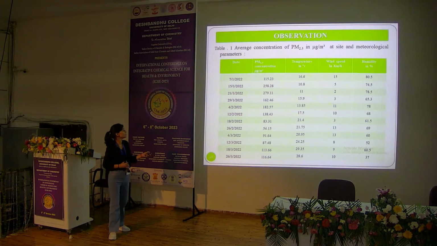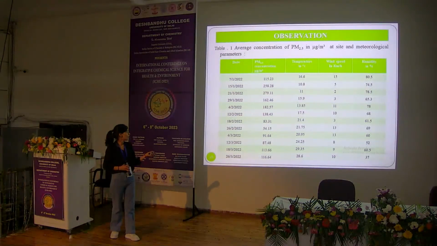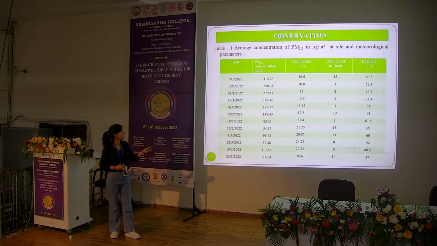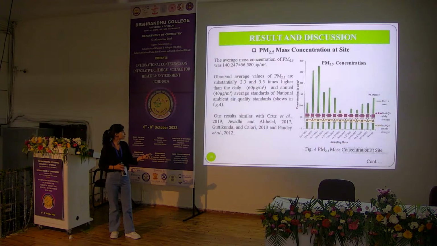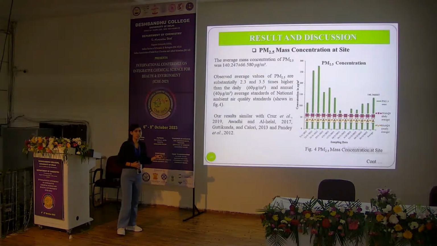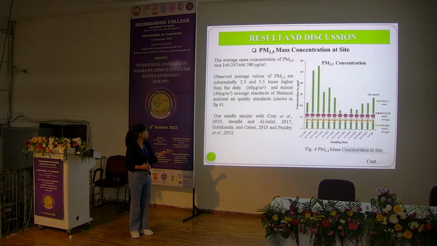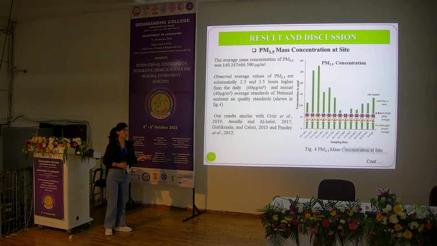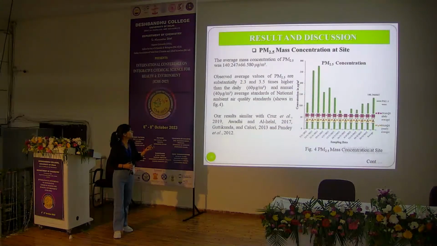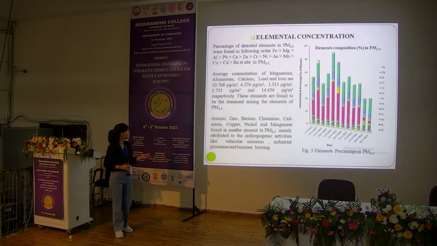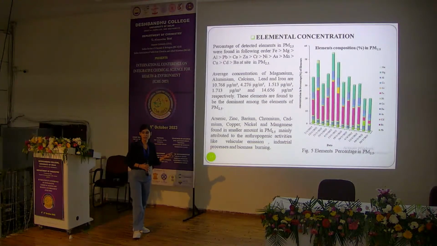This is my observation table. This is my study over three months in Agra. At my site, these are the concentrations and also the meteorological parameters. The average mass concentration is 2.3 times and 3.5 times higher than the daily average and annual average of NAAQS.